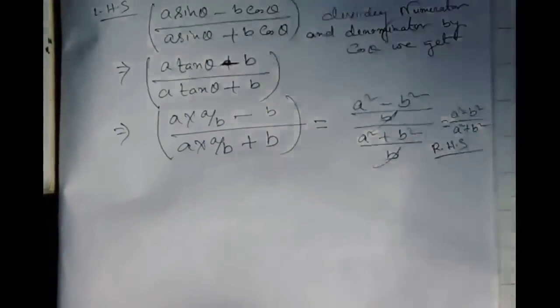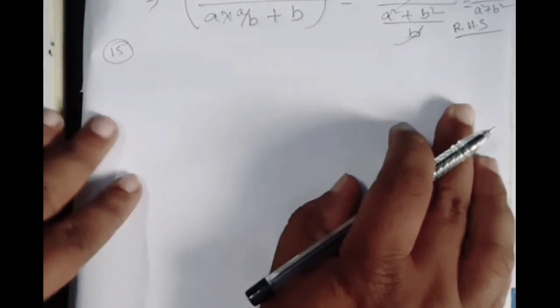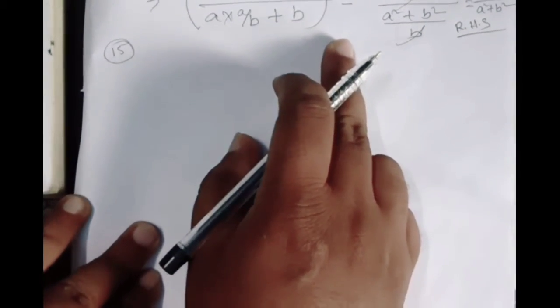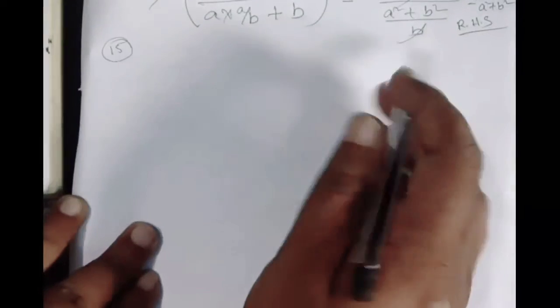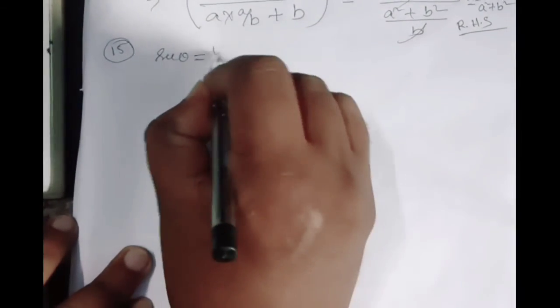Next move to another question. Question number 15. Question number 14 is quite easy, quite similar to question number 13. So you should do it yourself. Here cot theta is given. So the sec theta is equal to 17 by 8.